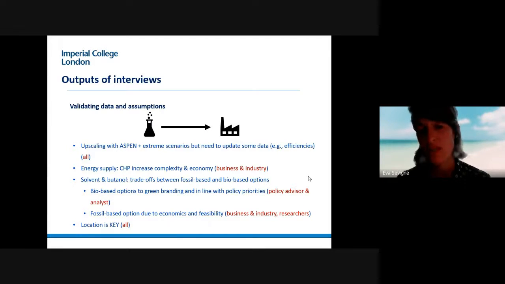And also because this is more feasible from a technical point of view. It was agreed by all of them that the location of the facility is going to be key. So this is very important to understand and to set where this large facility might be located in the future.